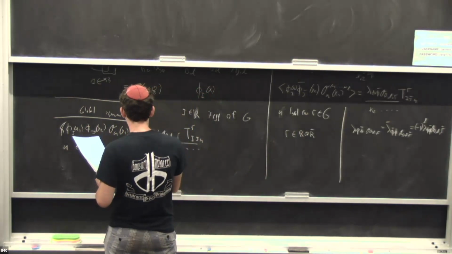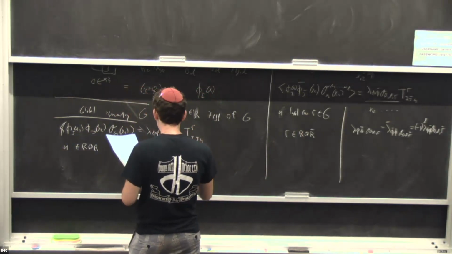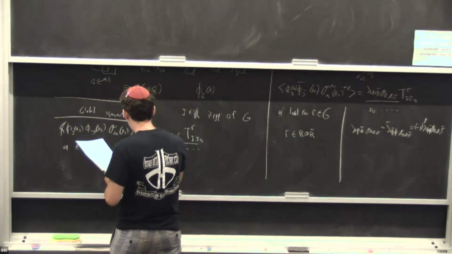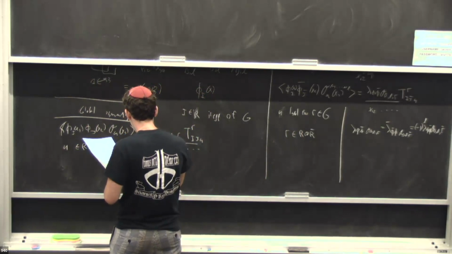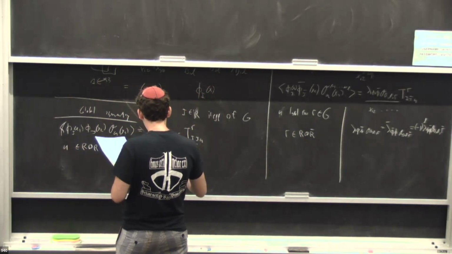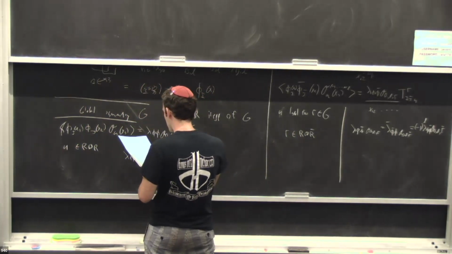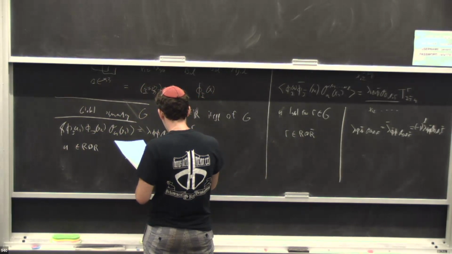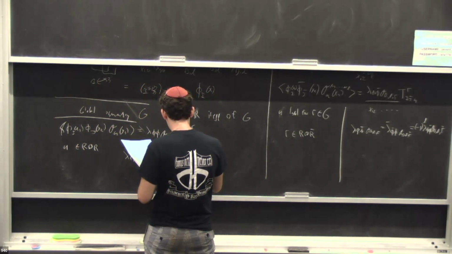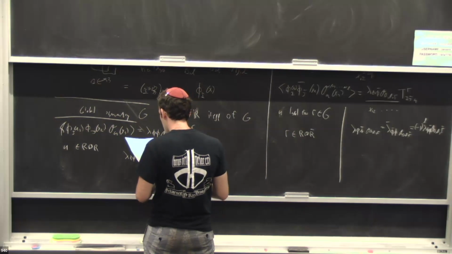And so in this case, the reality properties, so you can choose a basis of these T's such that lambda phi O delta L R is the same as the conjugate of lambda phi bar O bar delta L R bar.